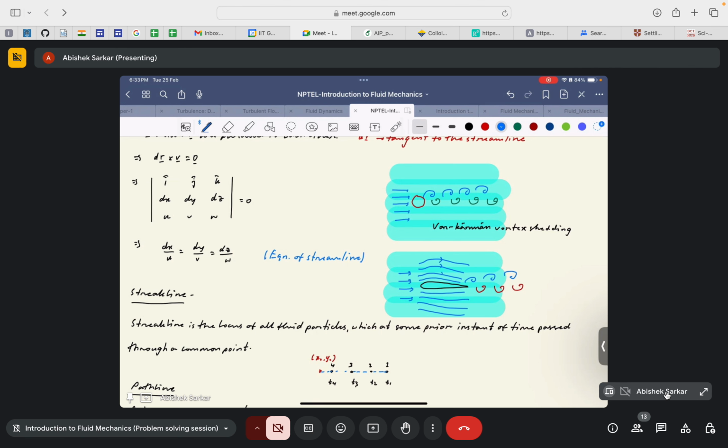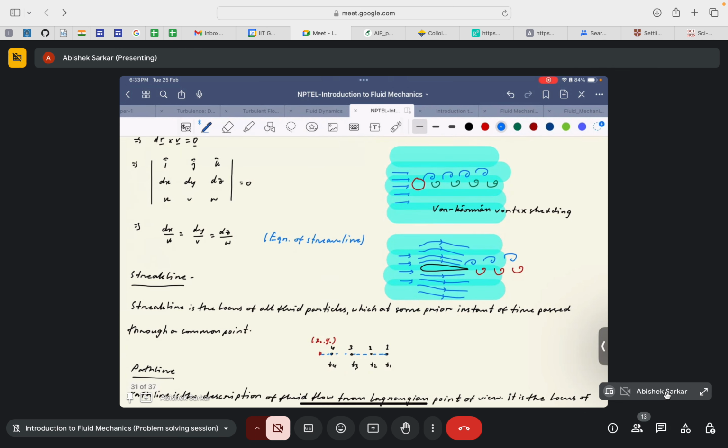These patterns that we see because of the dye are actually not the streamlines but rather the streak lines. But we are saying that these are equivalent to the streamlines.